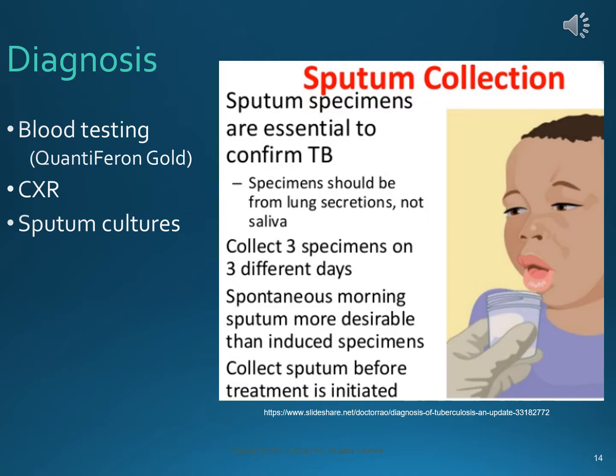A spontaneous morning sputum is more desirable than induced specimens, because remember, if you're laying around at night, you have a lot of time for the secretions to pool in your lungs, and so you'll get a better specimen. You collect the sputum before the treatment is initiated. It's just like anything else. You do the culture before you start the antibiotics.